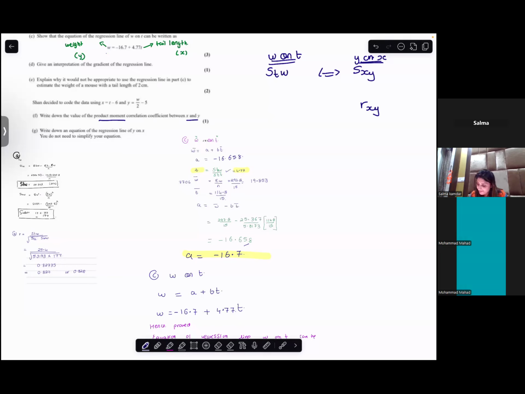So we already have RTW. RTW is going to give us the product moment coefficient of correlation of W on T, and this is going to give us that of Y on X.